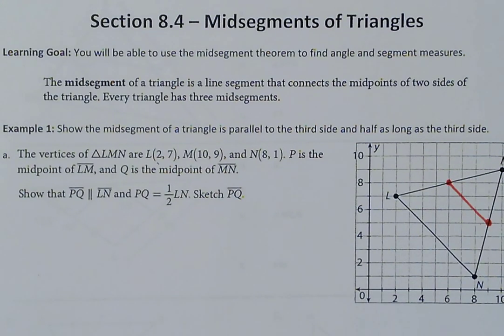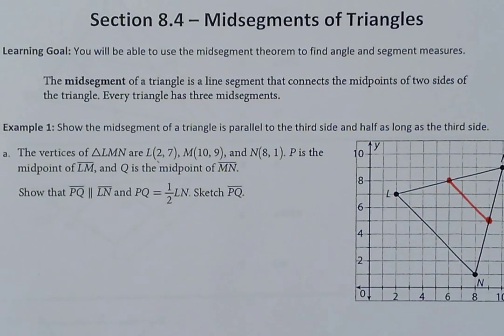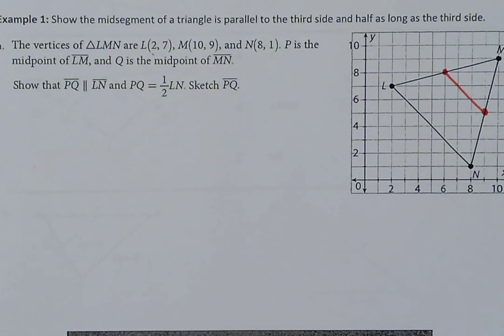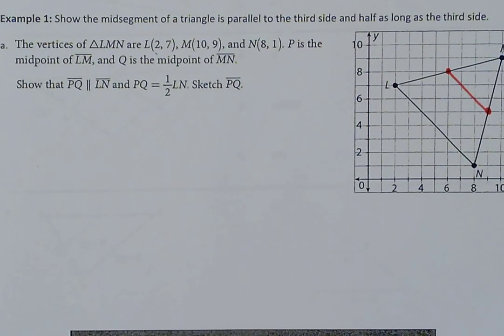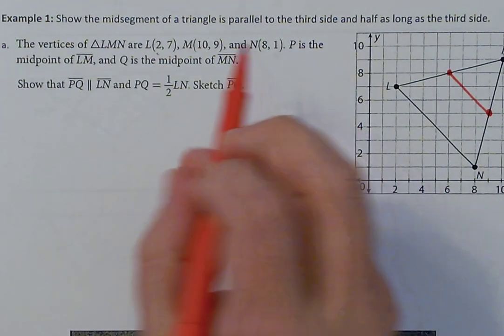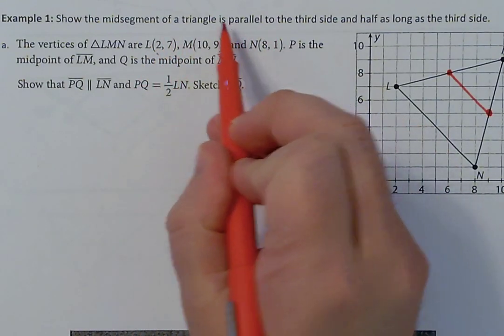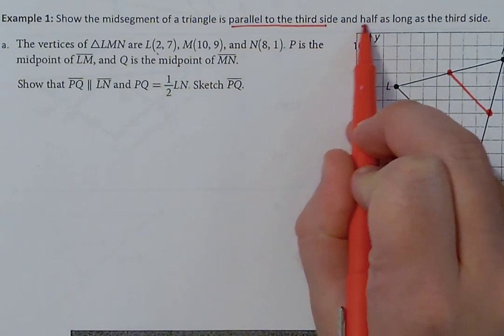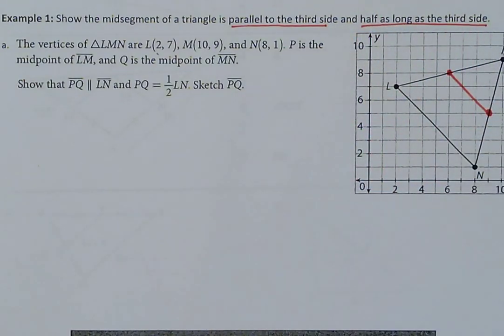Now that we have defined that, we're going to talk about the properties. Example 1 pre-talks about the different properties of midsegments: the midsegment of a triangle is parallel to the third side and half as long as the third side.